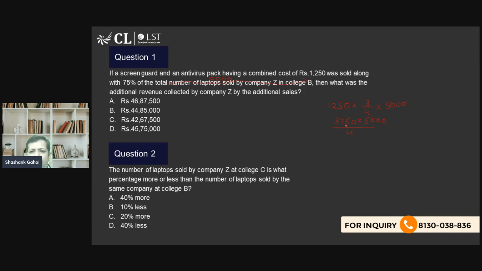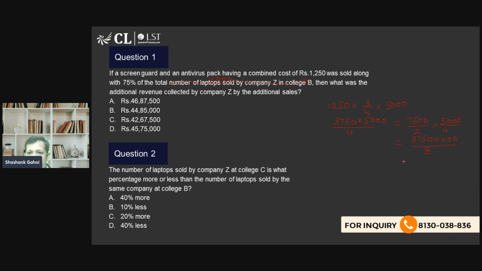Okay. So this is going to be how much? I can also write it as 7,500 divided by 2 into 5,000 divided by 2 divided by 4. So this is going to be 375 1 2 1 2 3 divided by 8, and that's my answer.